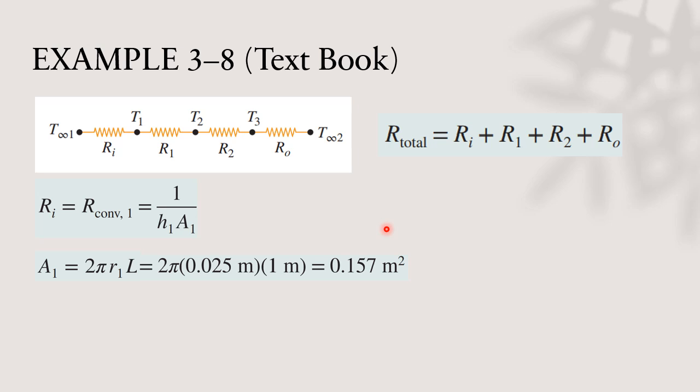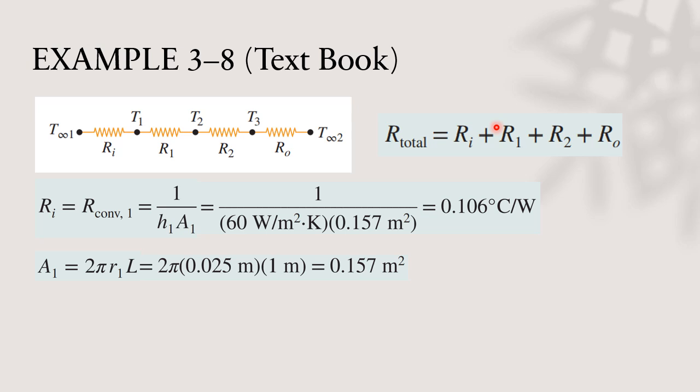So we use this value in this equation, and we get R sub i, or thermal resistance inside the pipe, equal to 0.106 degrees Celsius per watt.